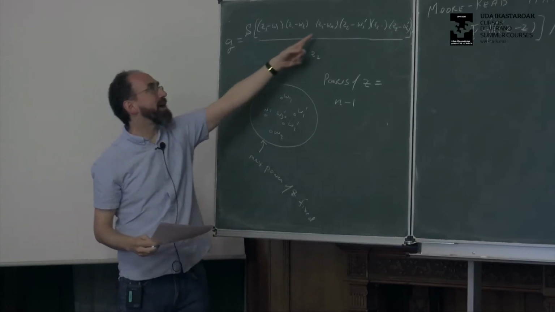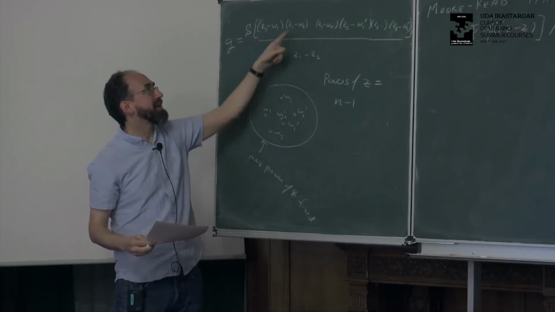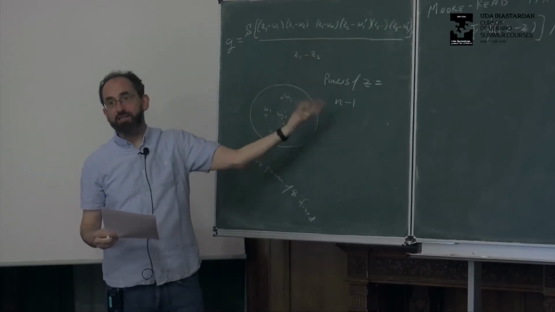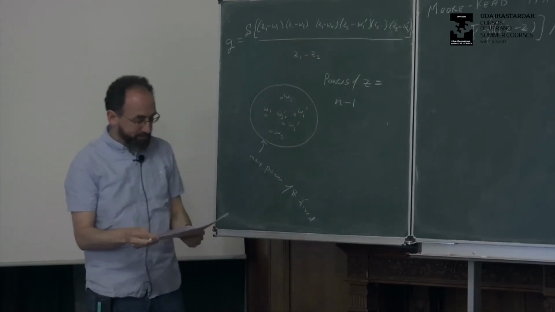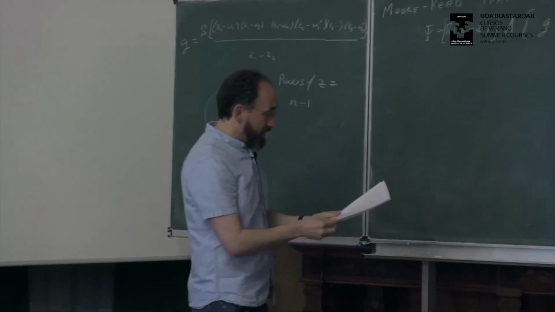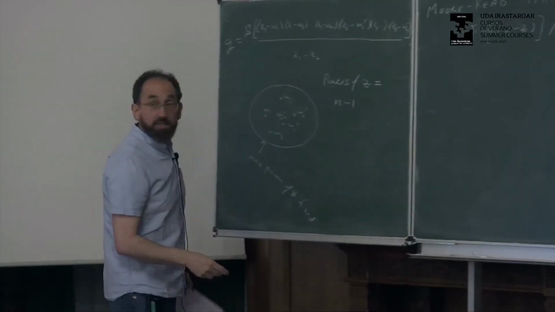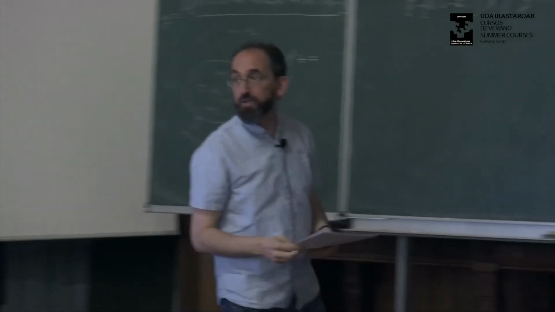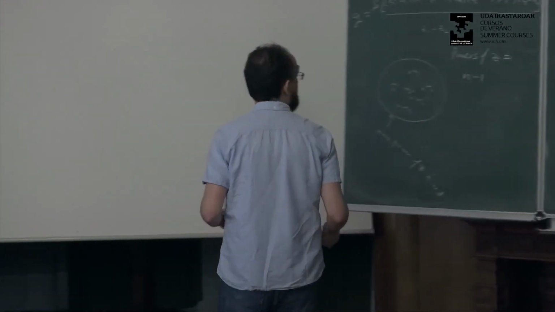So either n factors of z1 or n factors of z2. Either one, it's n factors. Where n is the number of pairs of vortices. The number of fluxes I add, so number of pairs of vortices. That's correct, yeah. All right.